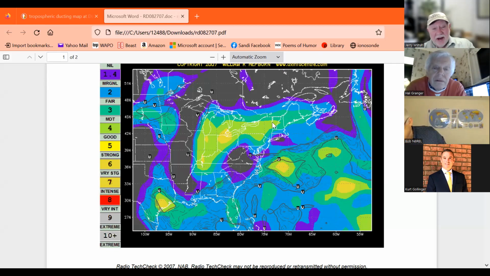I've heard of guys sitting in their house in Huntington Woods talking to someone in the Upper Peninsula, if the conditions are right. That's one of the really nice things, and it's mostly 2 meters. 6 meters gets some of that too.